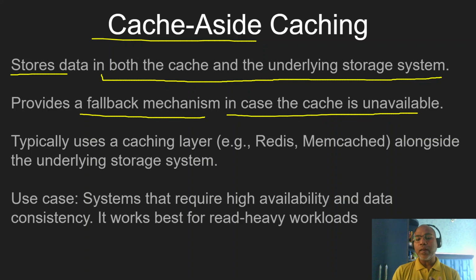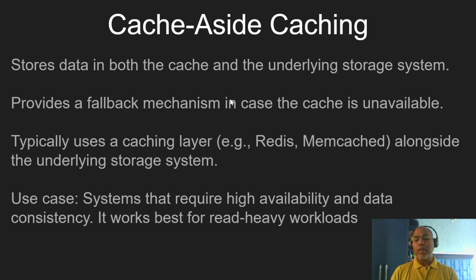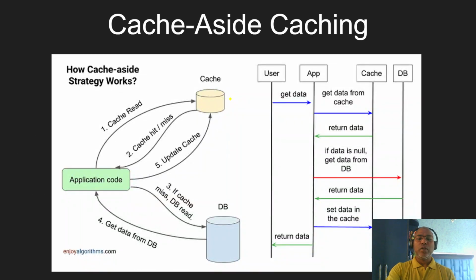You can use it in scenarios where you want your system to be highly available, meaning it should always respond with consistent data, and where reads are very heavy, we can use the cache aside caching algorithm. Let's understand the details. These are the steps of how our cache works.